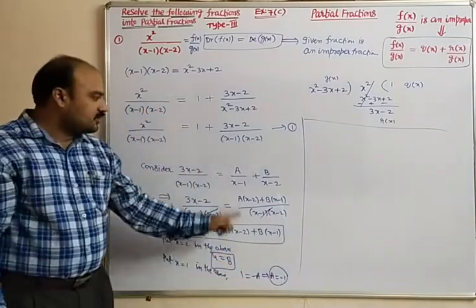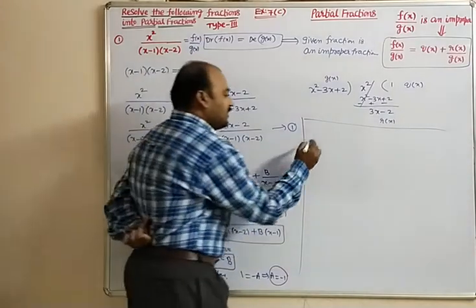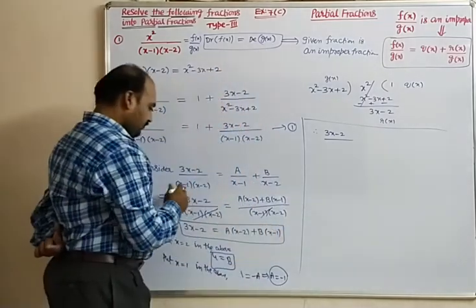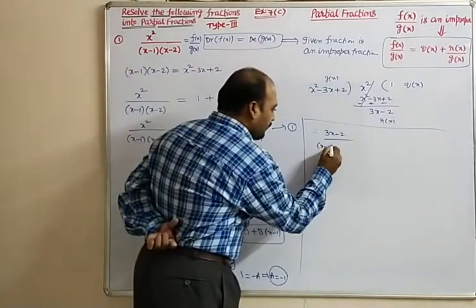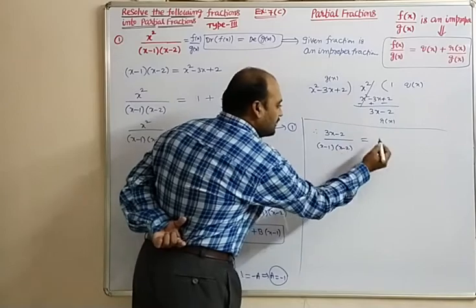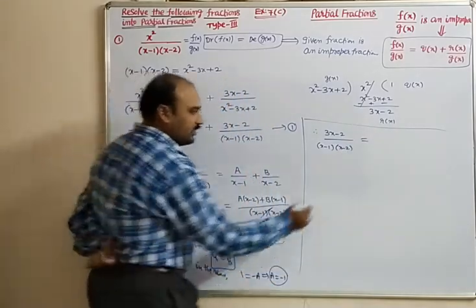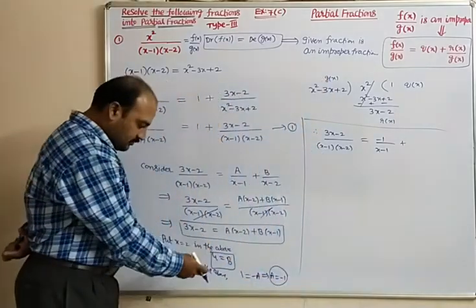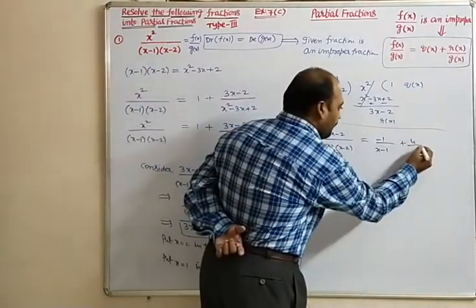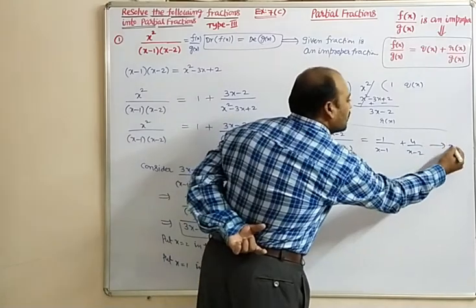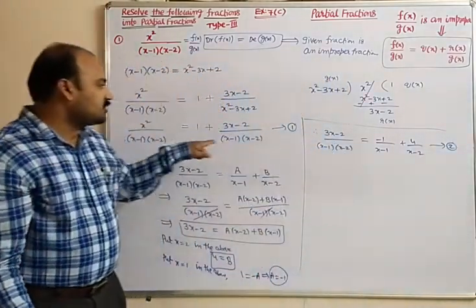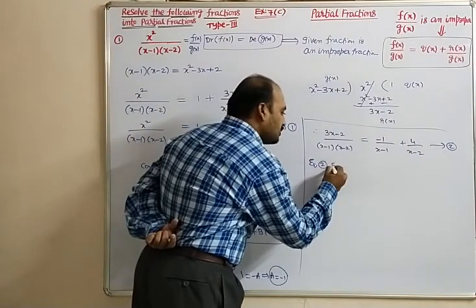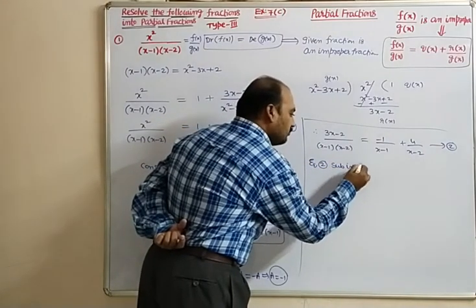Substitute the A value and B value in this. We get (3x minus 2) divided by (x minus 1) into (x minus 2) is equal to, A value is minus 1 divided by x minus 1 plus B value is 4 divided by x minus 2. Equation number 2. Substitute equation 2 in equation 1.